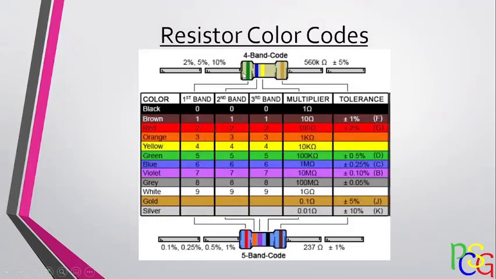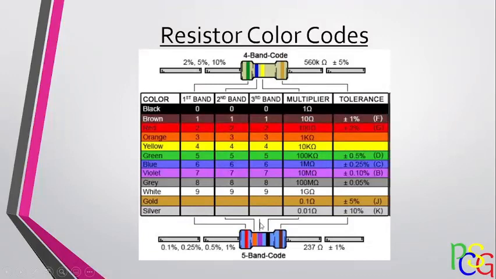Let's go over that again. Look at it as place values. You have 5 in the tens and 6 in the ones, and then you have this multiplier of 10,000. So that pushes you all the way up to the hundreds of thousands column, and you have 560,000 ohms. I will literally just take 56 and multiply it by whatever the multiplier is.